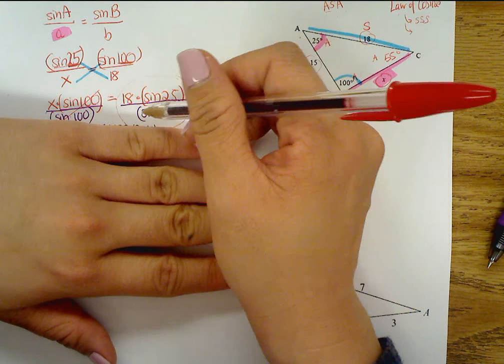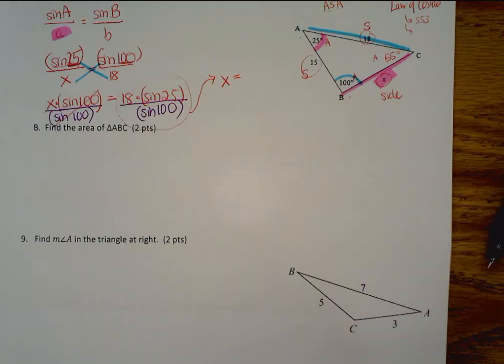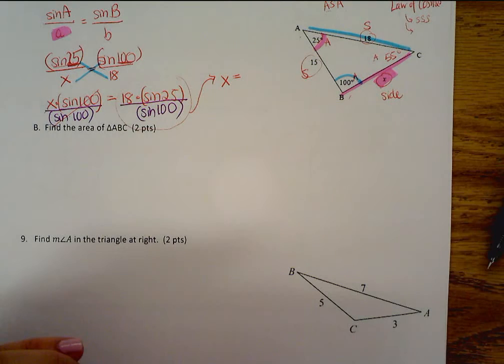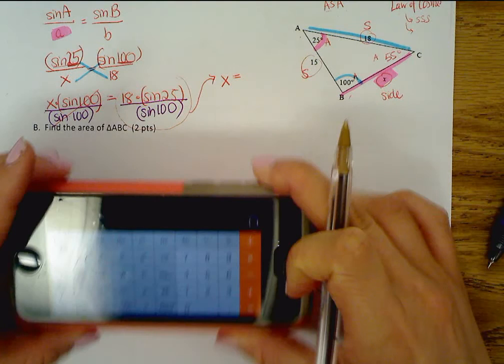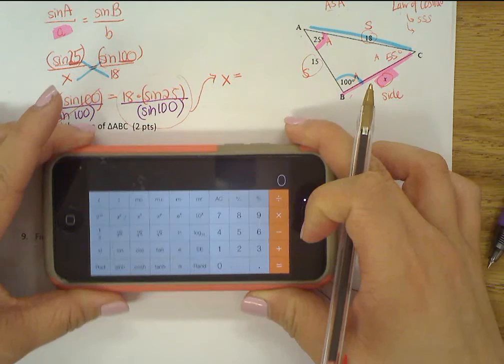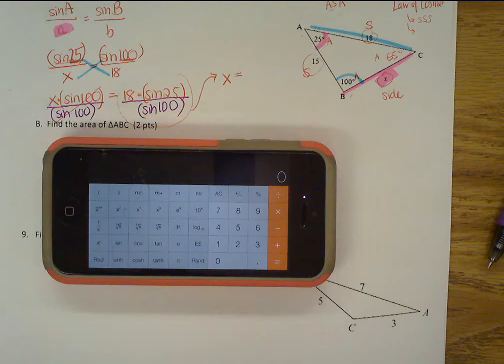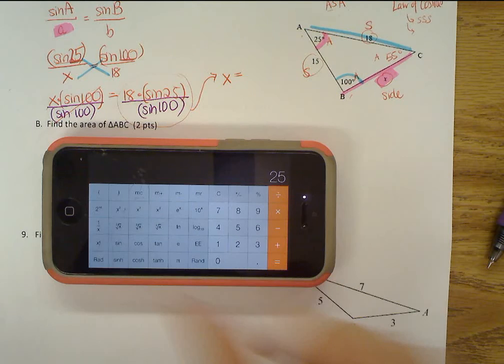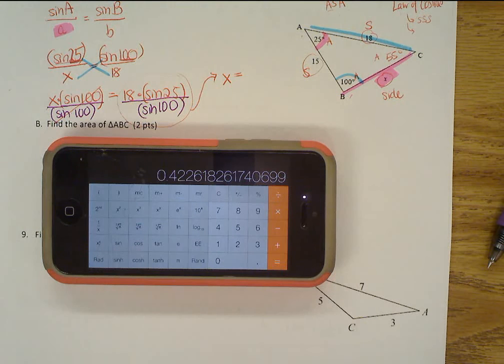So what I would do, because it's very easy to, tell me what I'm doing wrong here. I'm going to do 25 times sine. Sine of 25 is 0.422. Oh shoot, that's fine. There's nothing wrong with that.